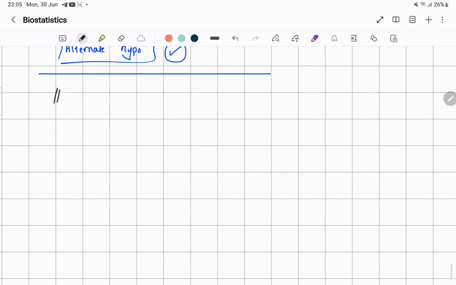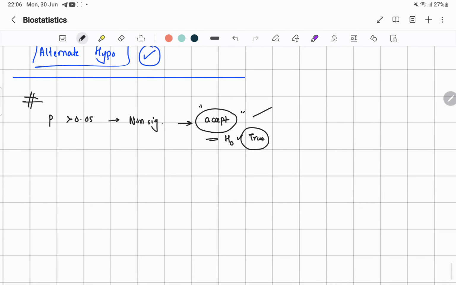Okay, there is another concept which we will discuss: errors. Let's say your p value comes more than 0.05. Is it significant or non-significant? It is non-significant. So do you accept the null hypothesis or reject it? You accept the null hypothesis, which means the null hypothesis is true. If you accept the true hypothesis, you are correct. There is no error. But due to something, you say it is actually correct, but you reject it.